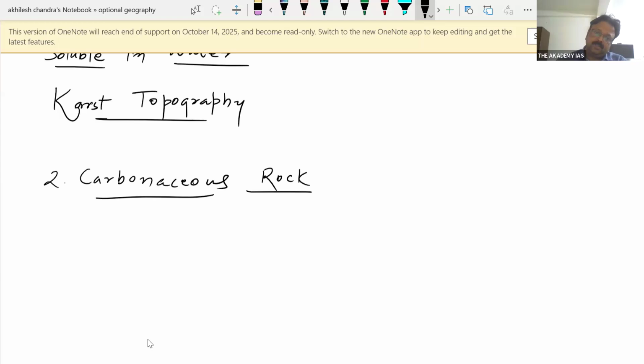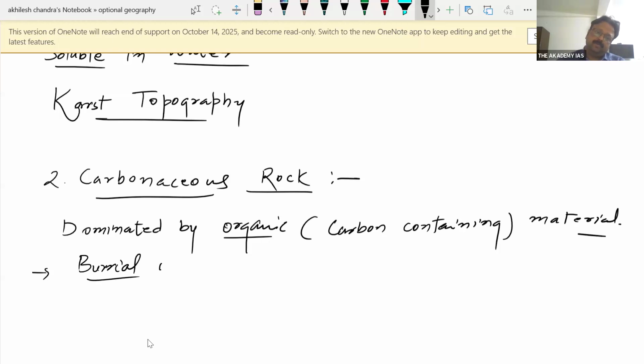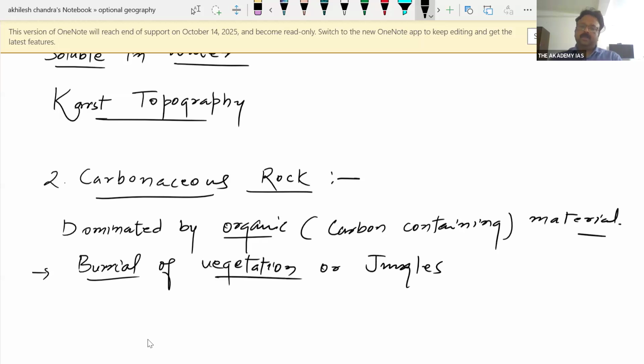Carbonaceous rock is dominated by organic, that is carbonic material, carbon-containing material, and it is formed because of the burial of vegetation or jungles.